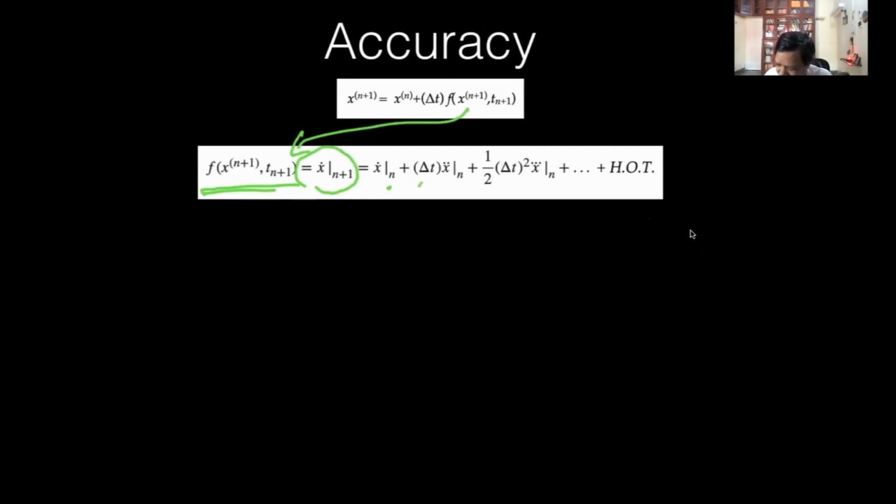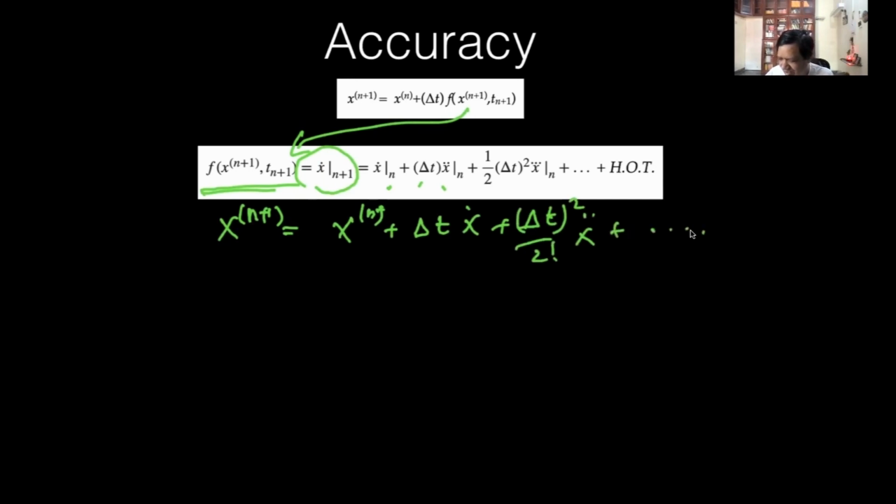Then delta t x double dot, then half delta t squared x triple dot, and so on. Now, what is the exact x_{n+1}? Which is x_n plus delta t x dot plus delta t squared by 2 factorial x double dot, and so on, right? Now compare.